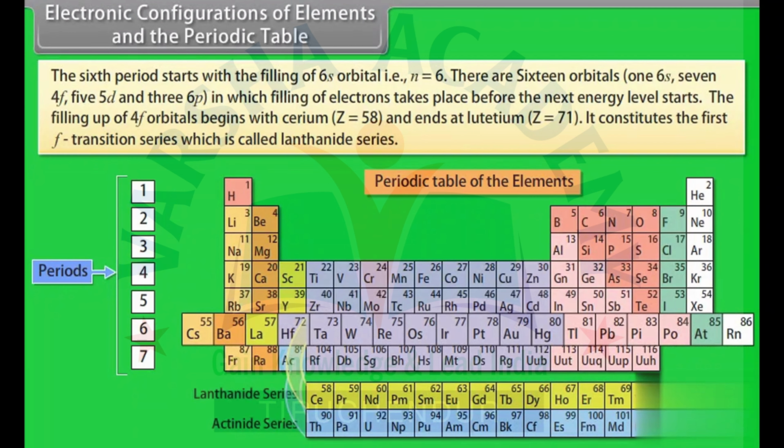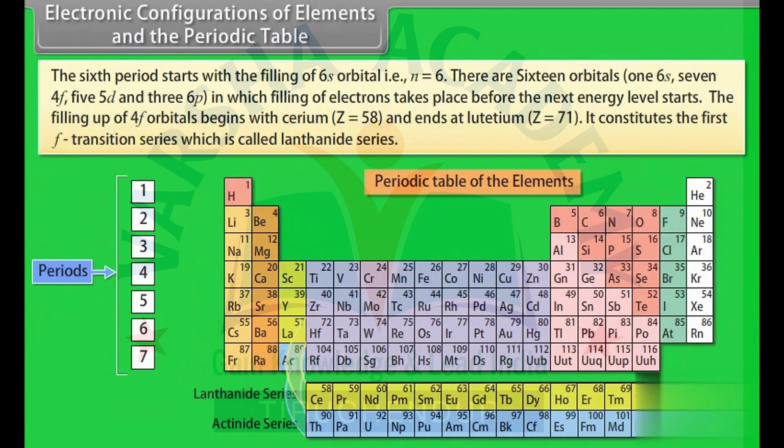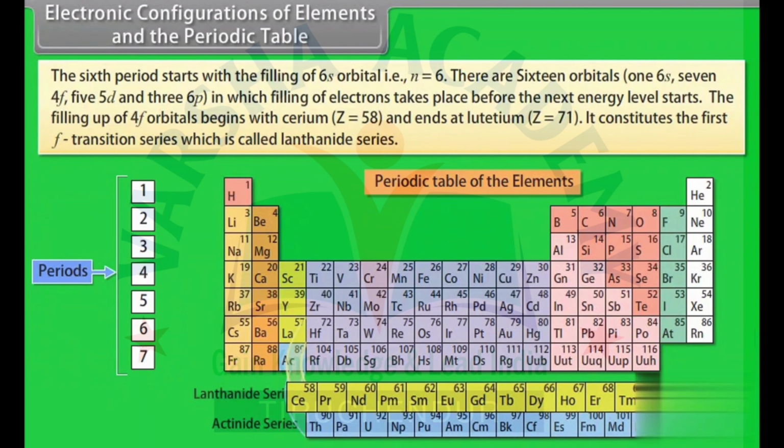There are 16 orbitals, 1 6s, 7 4f, 5 5d and 3 6p, in which filling of electrons takes place before the next energy level starts. The filling up of 4f orbitals begins with cerium, atomic number 58, and ends at lutetium, atomic number 71.